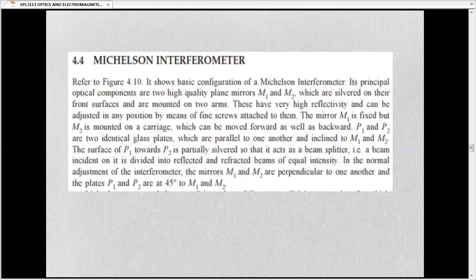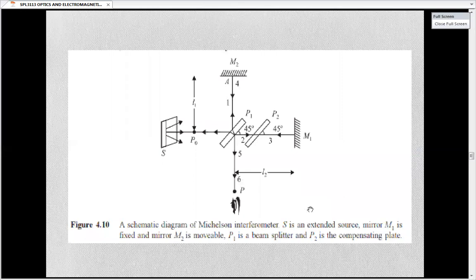So the setup in terms of diagram, let me show you. Yeah, so this is the setup where you have a source of light on one side. You have two mirrors, M1 and M2, which appear perpendicular. You have glass plates, P1 and P2, which are of course parallel, as you can see.